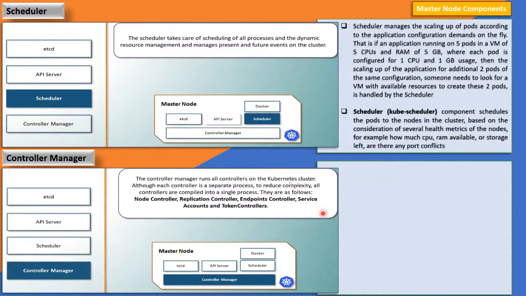Tomorrow your company decides to add another 3 nodes into the cluster. How will it do that? There will be a token generated on the master server, which will help those nodes join the master. Joining the master means joining the cluster.